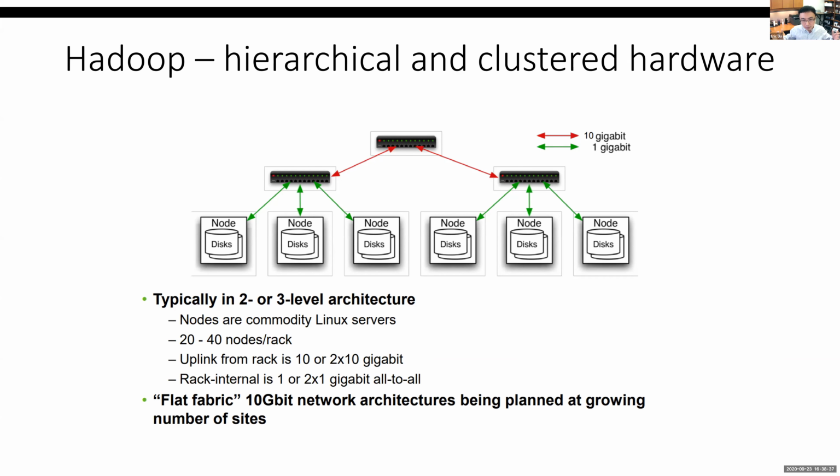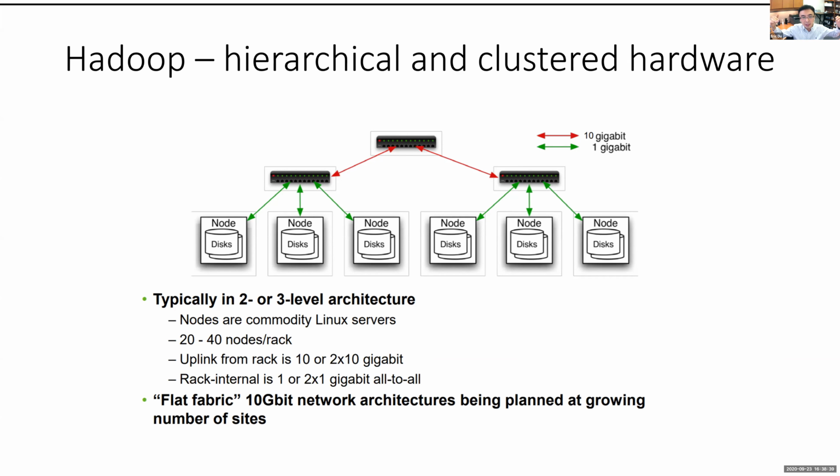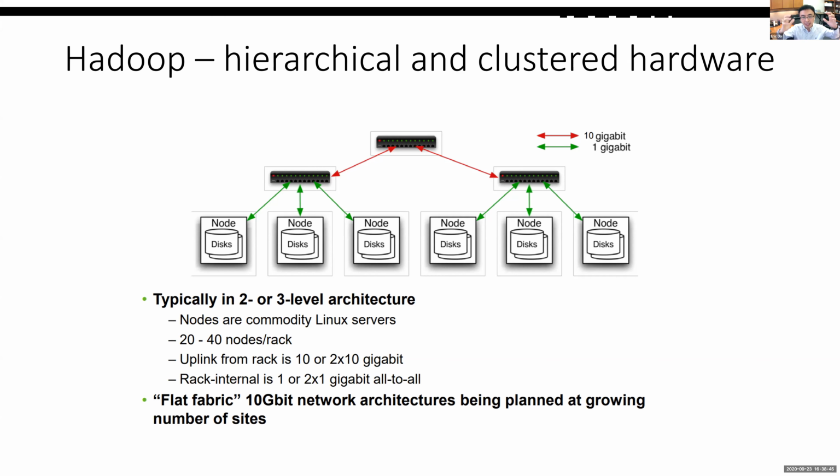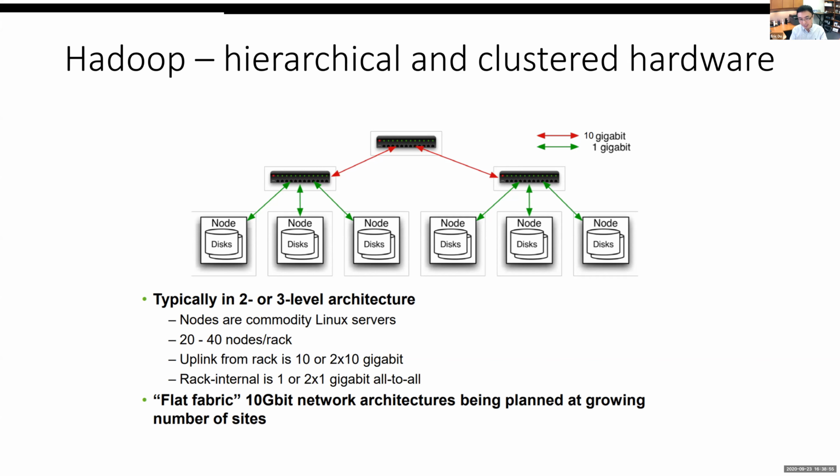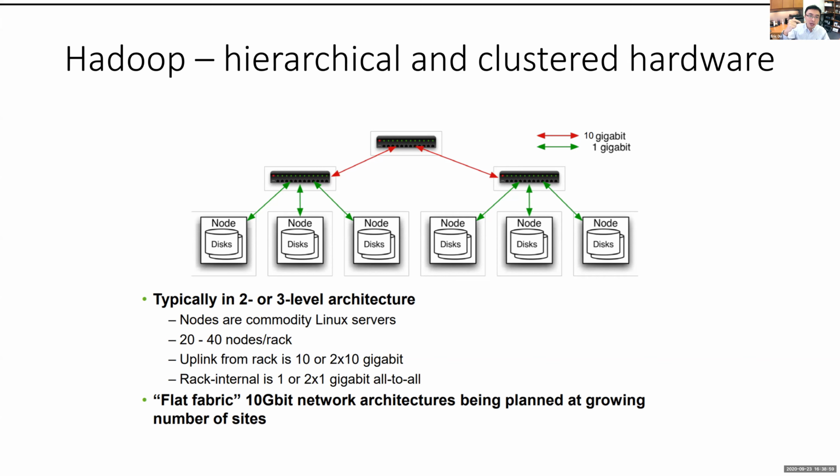And then we have a higher level, which is called the name node. So we can transfer higher level data with the upper level. For the same level or the lower level exchange, the bandwidth is 1 gigabit per second, okay?